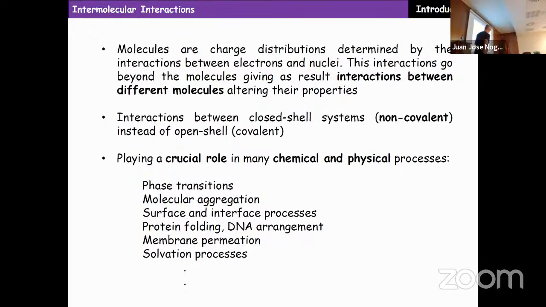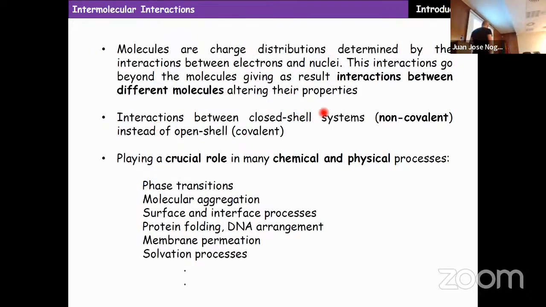Why? Because the distance between electrons is larger if we study an intermolecular complex than the distances between electrons in a molecule, okay. So we need to describe very well the long-range electron correlation, okay, and this is a very difficult task. We can do it with wave function methods very well, but with a very high computational cost, and we do it approximately using DFT methods. Okay, we will talk about this in detail.